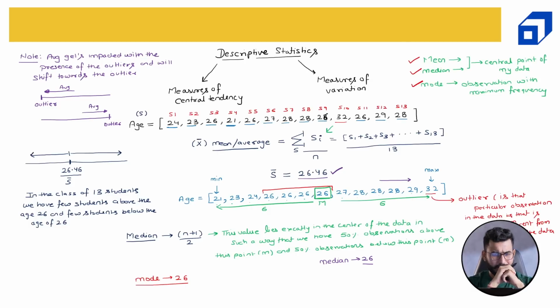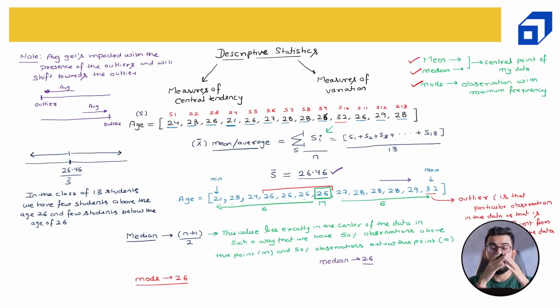The problem is I'm still not clear how the values are varied. So I know that the center is 26, but what is the variation in the data? Am I having the age of the students very much varied?